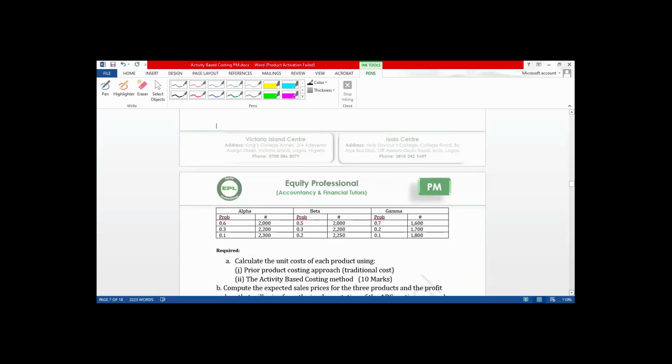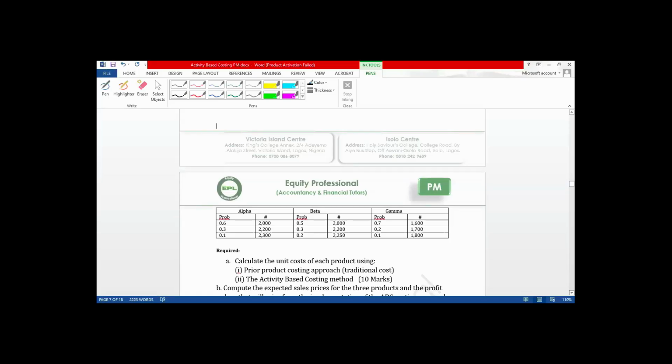For product beta, selling price could be 2,000, 2,200, 2,250 with probability attached. For product gamma, selling price could be 1,600 or 1,700 or 1,800 with probabilities attached.